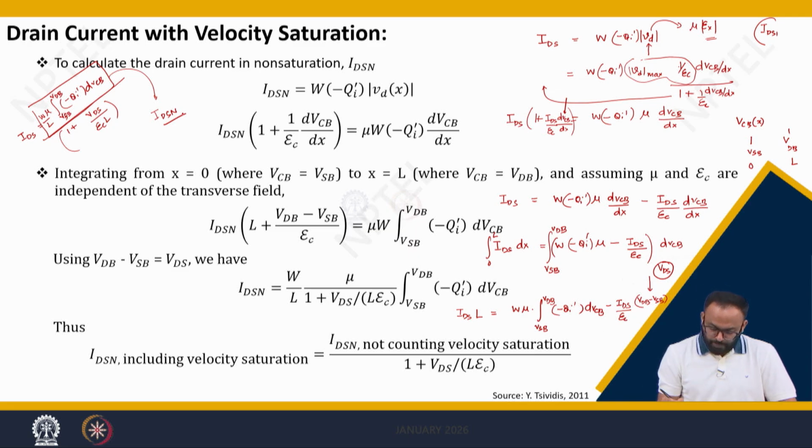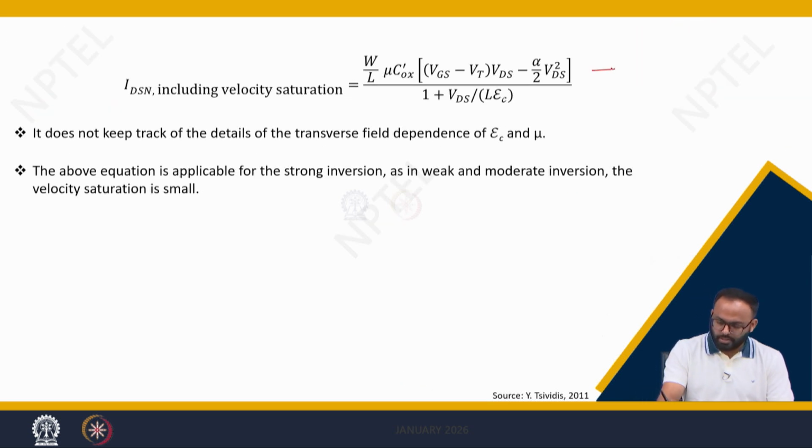So we can simply say that by including the velocity saturation you can express the current equation as the non-saturation current equation what we have derived earlier divided by 1 plus VDS divided by L into Ec, where Ec is the critical field, L is the channel length, and VDS is the drain voltage applied. So in general I can rewrite this equation as this, where the numerator is what we have already discussed and derived in non-saturation condition.